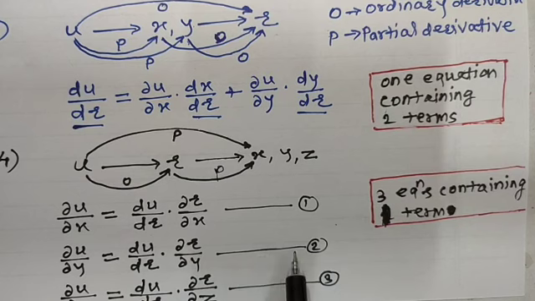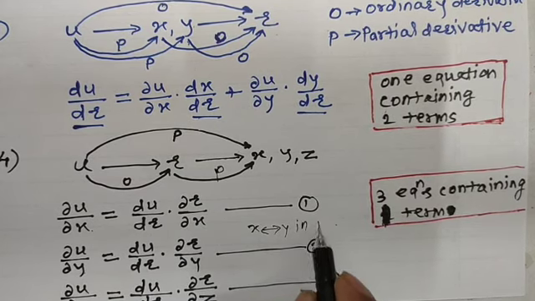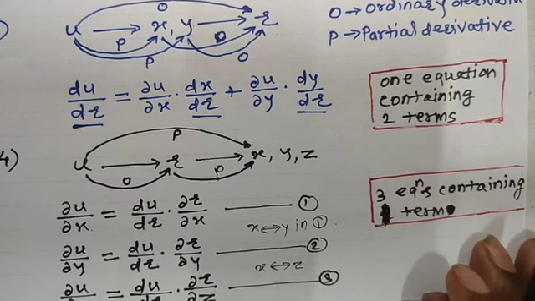Now consider the second equation. On both sides of equation 1, if we replace x by y, that gives equation number 2. Then x is replaced by z in equation 1, which gives equation number 3.